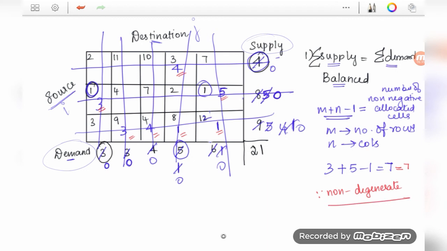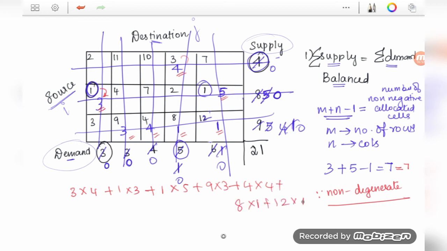Now you'll have to find out the cost as well. How will you do that? You'll multiply these two values, that is 3 into 4. And these two values you're multiplying, plus 1 into 3, plus 1 into 5, plus 9 into 3, plus 4 into 4, plus 8 into 1, plus 12 into 1.